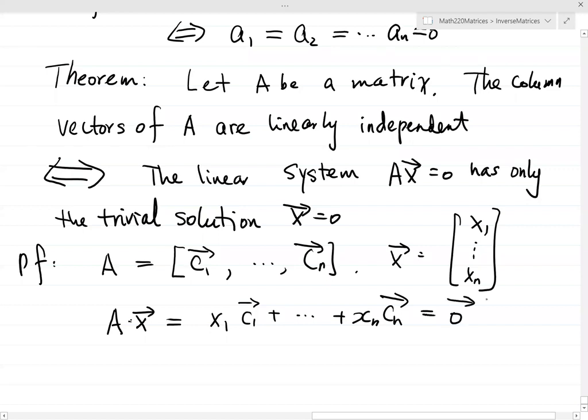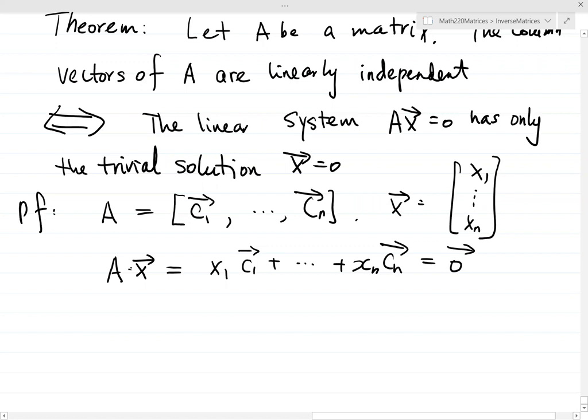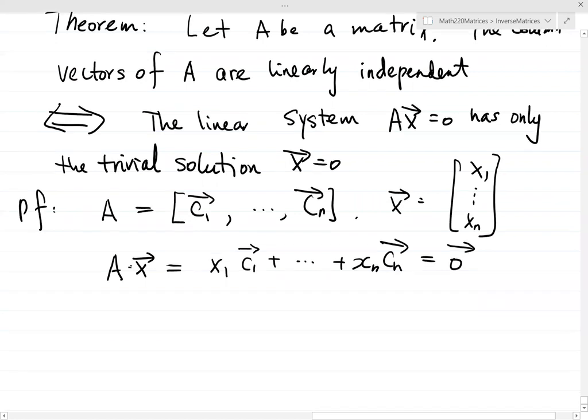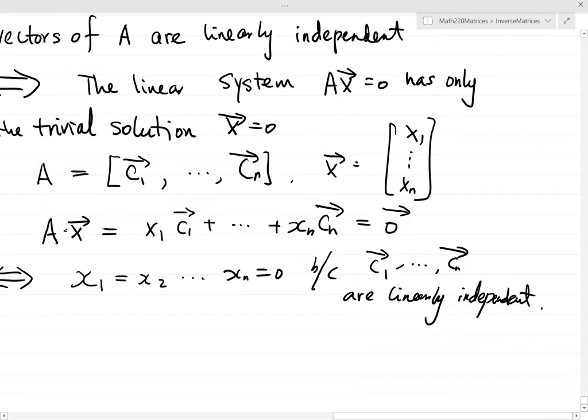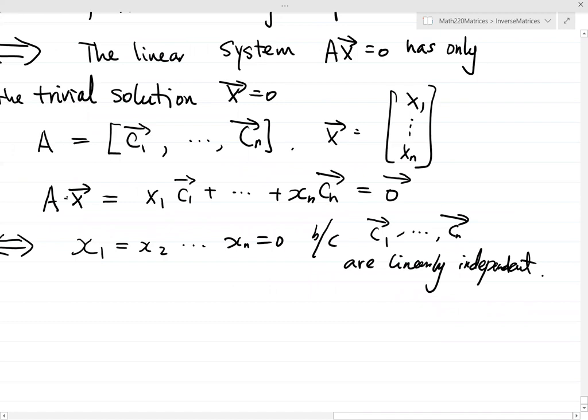Now this linear combination of the column vectors is 0, but we know the column vectors are linearly independent. So the only way to get 0 is X1 equals X2 equals ... equals Xn equals 0, because C1 through Cn are linearly independent by definition. So we're done.